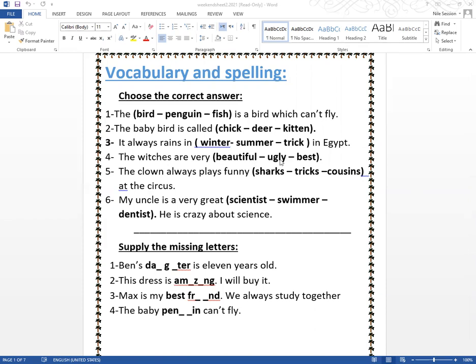And as you know, the opposite of ugly is beautiful. Number 5, the clown always plays funny tricks at the circus. Number 6, my uncle is a very great scientist. He's crazy about science.